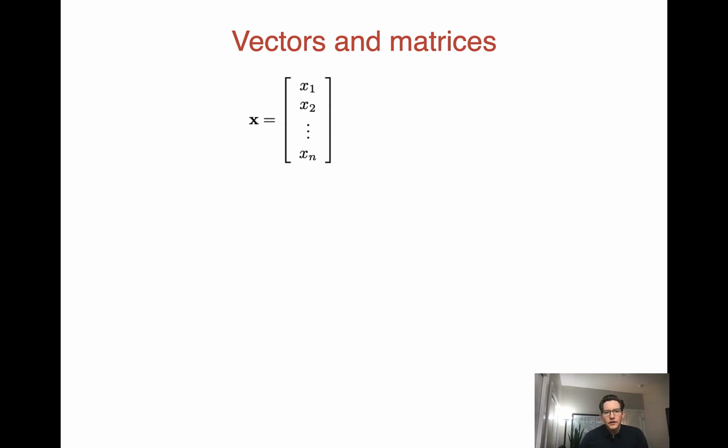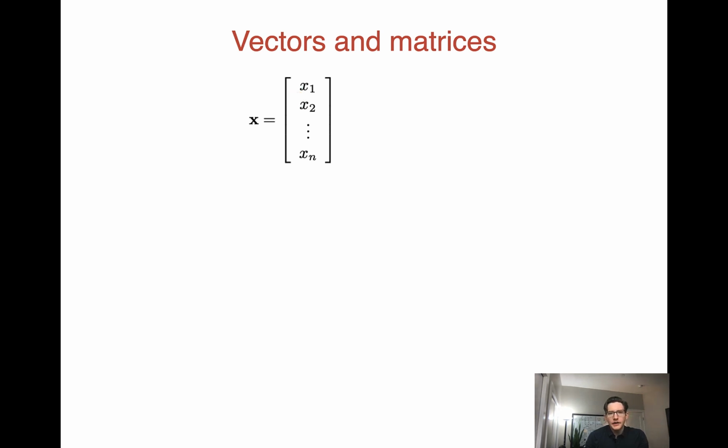So let's remind ourselves, what is a vector? A vector is just a list of n real values, x1 up to xn. And of course here n is the number of real values. So generally we write this. Note that we're using a bold face for x to indicate that x is a vector, and non-bold face here indicating that x1 is a scalar.